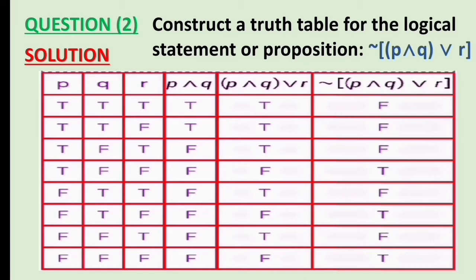Now following the solution we have a column for P, a column for Q, a column for R. These are the simple statements in the question.